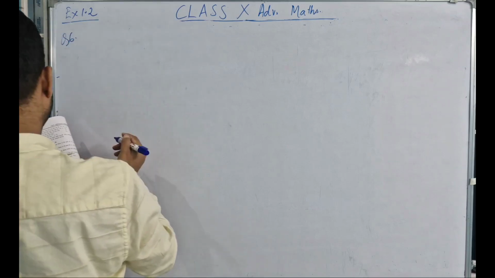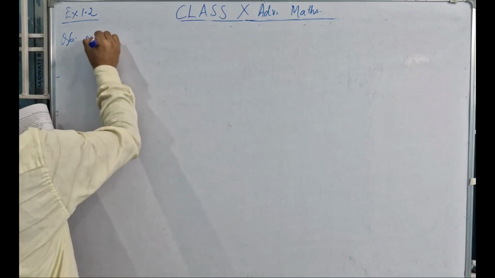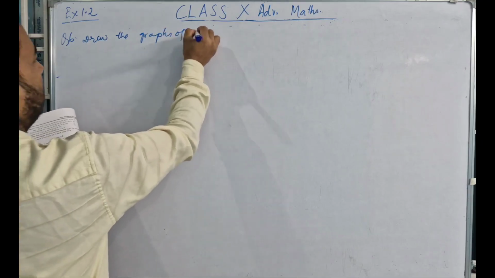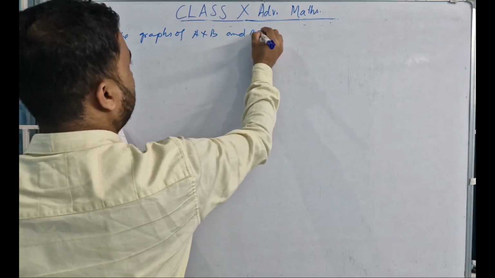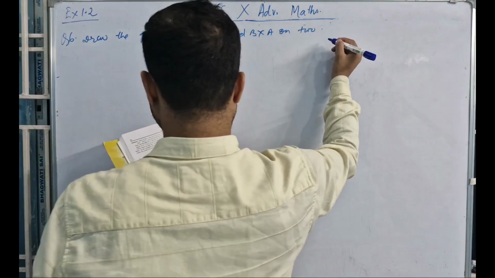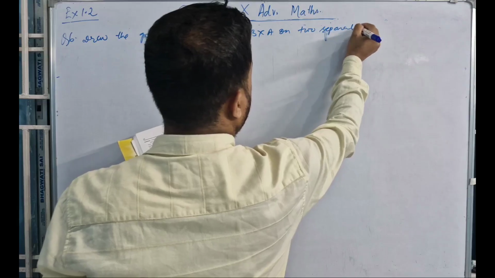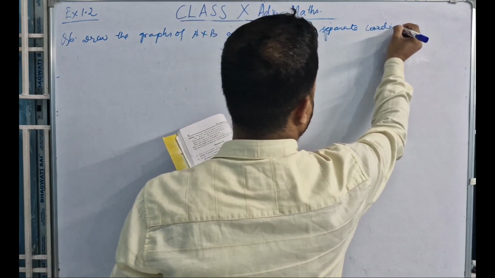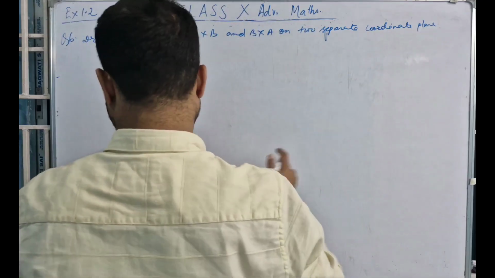Question number 6: draw the graphs of A cross B and B cross A on two separate coordinate planes.